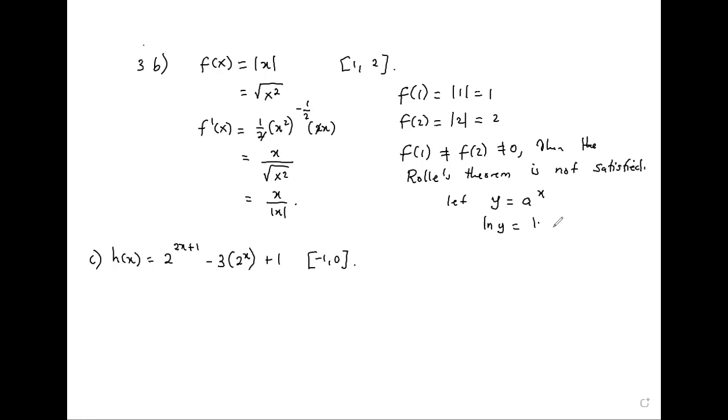On the left we have ln y, on the right we can write this as x ln a. And then differentiate ln y, we get 1 over y, but because it's y, we have dy dx. Differentiate x ln a, we get ln a.